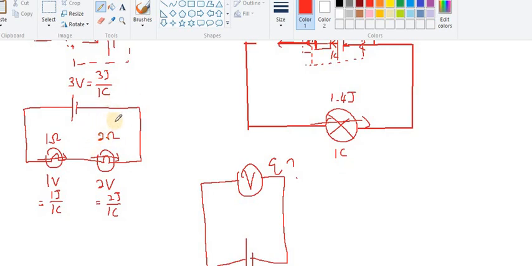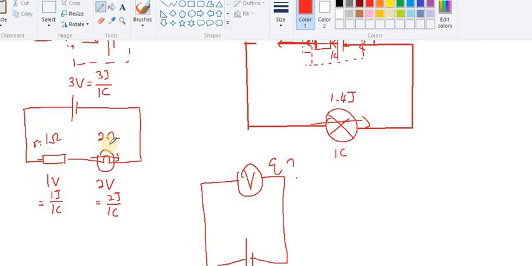let's say now this one I change into internal resistance. This is actually the internal resistance inside the dry cell.